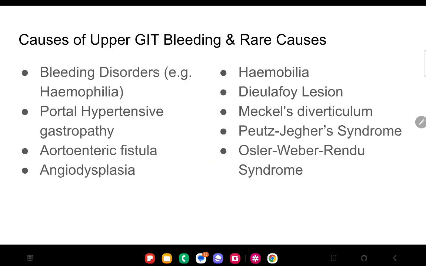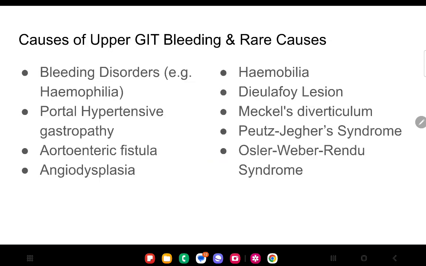Other causes, as we said, include bleeding disorders, which are rare causes, like hemophilia, and portal hypertensive gastropathy. This is because earlier on, portal hypertension, before making esophageal varices, can lead to hypertensive gastropathy.